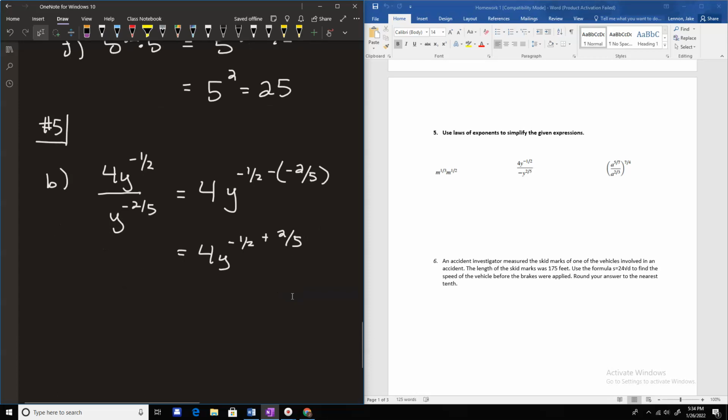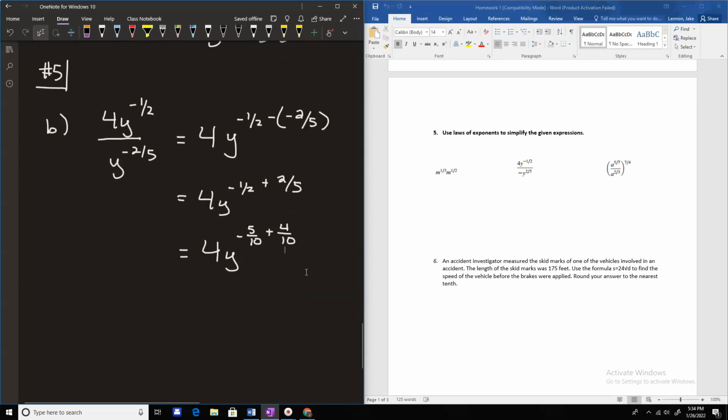Then you need to get a common denominator. The easiest one would be tenths. So negative 1/2 is the same as negative 5 over 10, so this would be 4y to the negative 5 over 10 plus 2/5, which is 4 over 10. So negative 5 over 10 plus 4 over 10 is negative 1 over 10. So we have 4y to the minus 1 over 10.